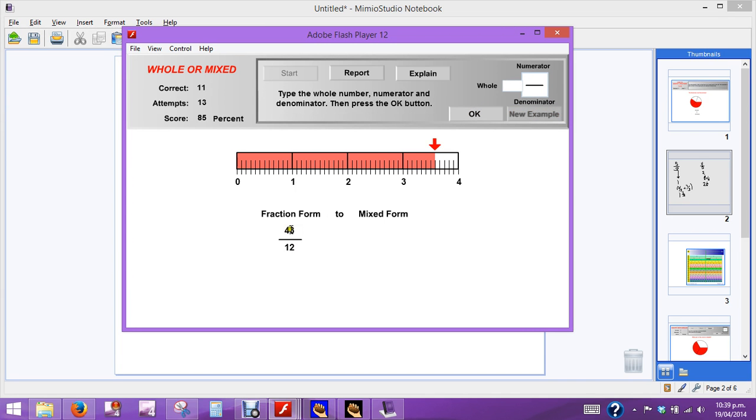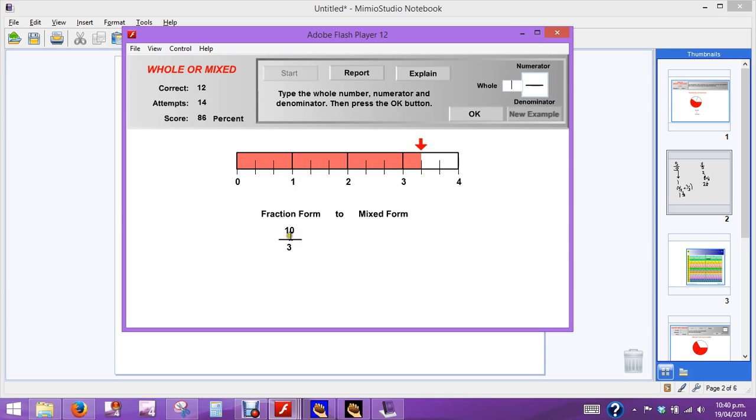Okay, 12 into 43, 12 threes are 36, and looks like 7 twelfths left over. So 7 that we can't push a further 12 into. Only 3 12s at 36. So that one was correct.